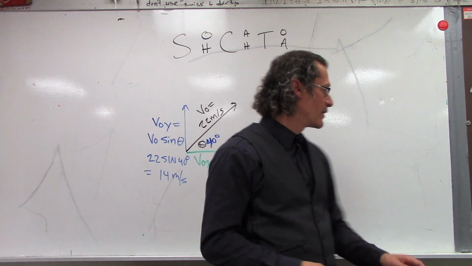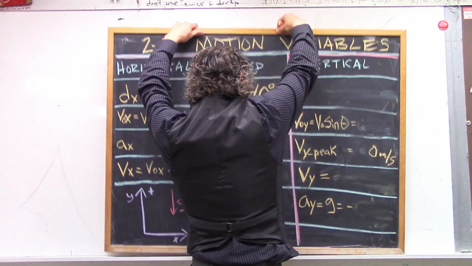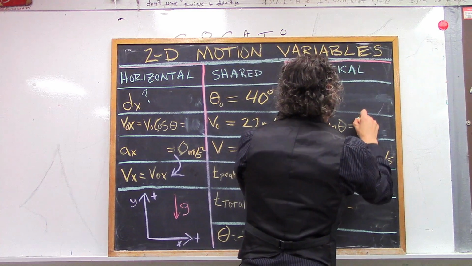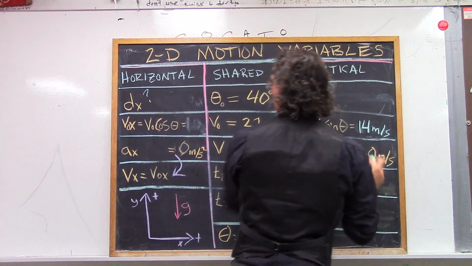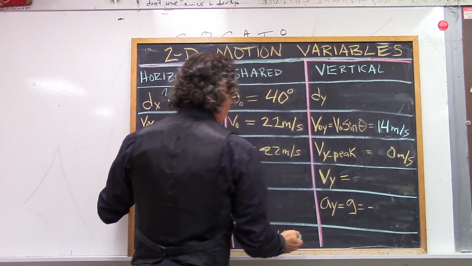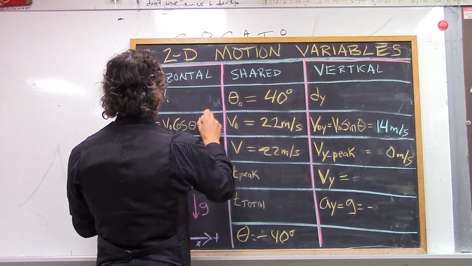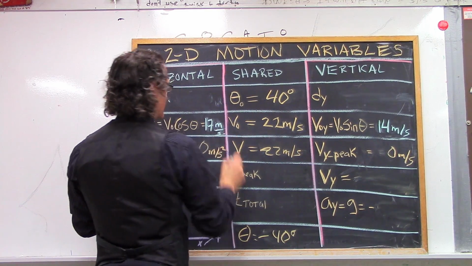Now, let's transfer them to the board over here. So now we've got V naught y, which is 14 meters per second, and we have V naught x, 17 meters per second. Excellent.